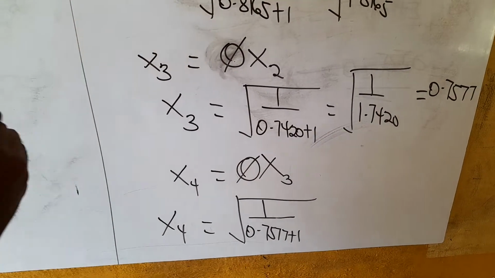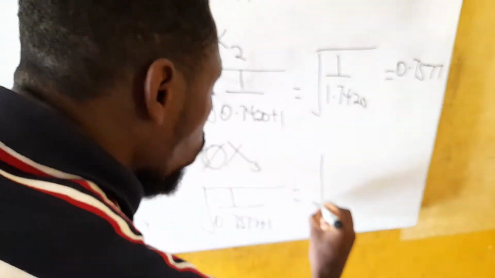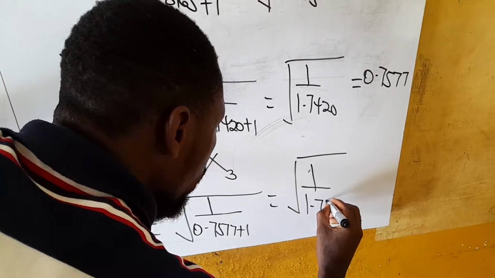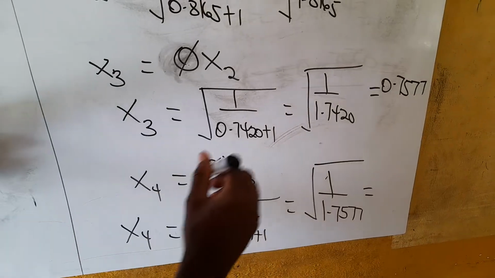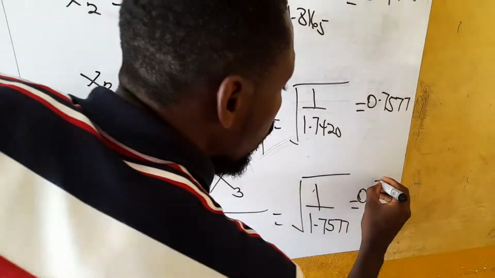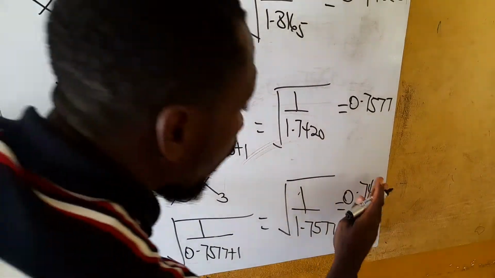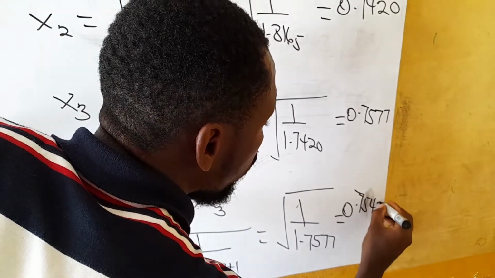So when we solve that very well, we'll get the square root of 1 over 1.7577, and that will give us 0.7543.